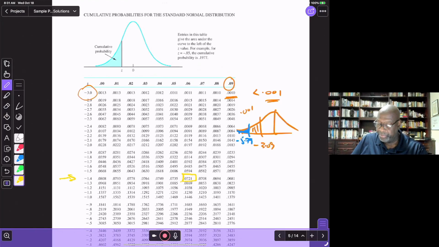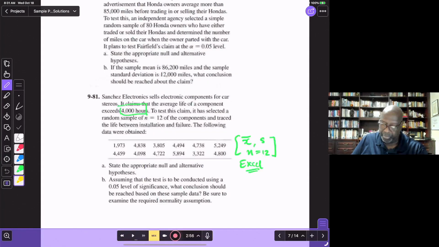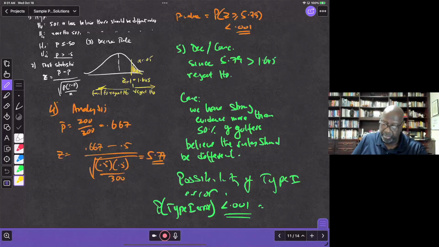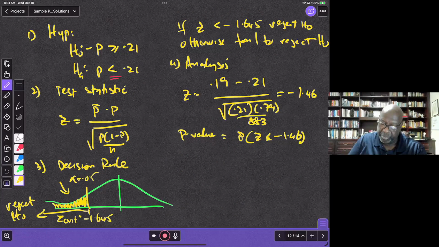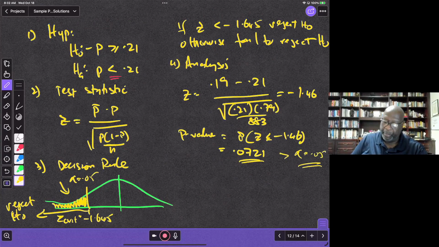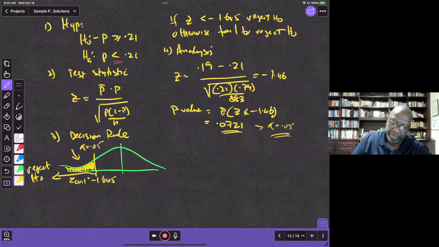All right, 0.0721. So the p-value is equal to 0.0721. As you can see, this is greater than 5% alpha. This is greater than alpha. So we are not going to reject the null hypothesis.